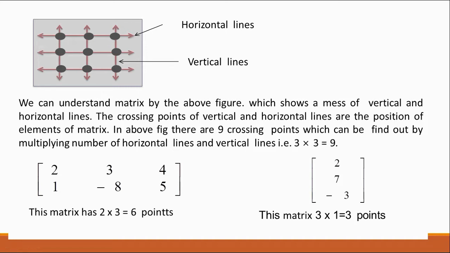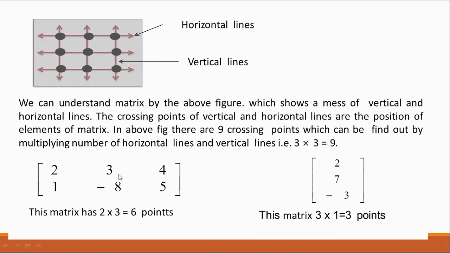For example, in this figure you see there are 3 horizontal lines, 1, 2, 3, and 3 vertical lines, 1, 2, 3. So there are 3 multiplied by 3, 9 crossing points.